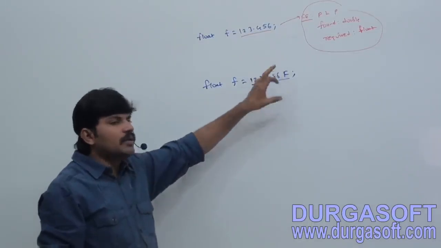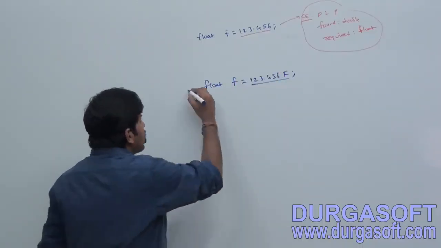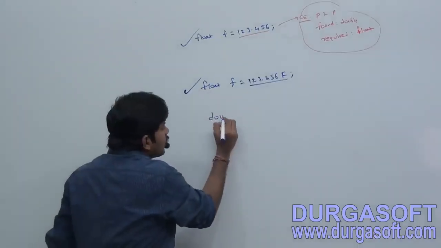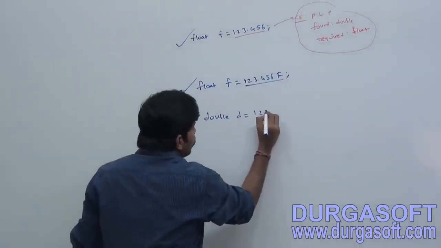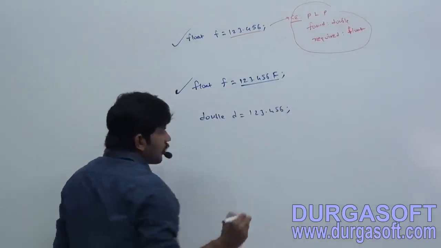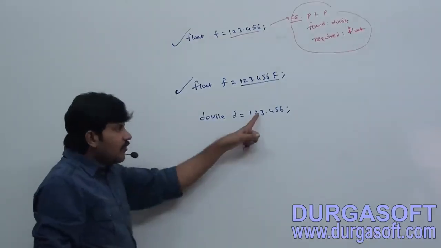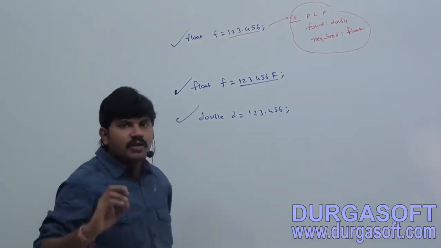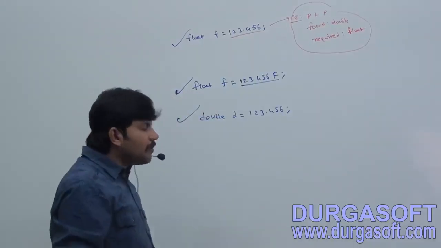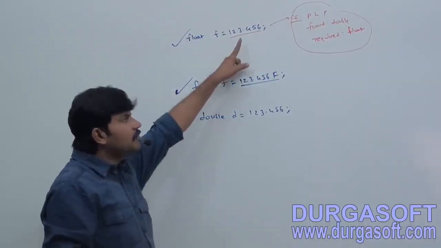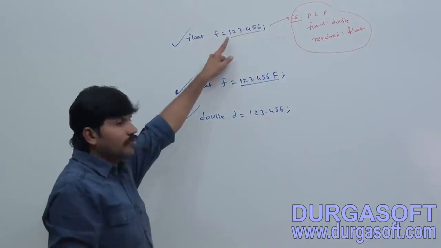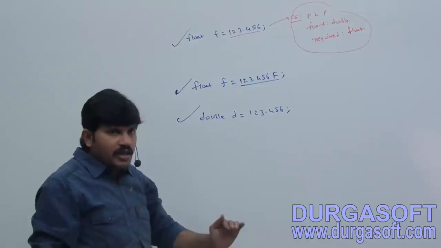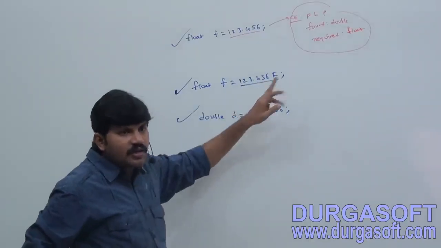Now, no problem at all, acceptable, right? Are you able to understand? Next, double d is equal to 123.456. Valid or not? Double variable, no problem at all. So by default every floating point literal is of double type. We can't assign it directly to a float variable, but we can specify a floating point literal as float type by suffixing with a small f or capital F, right?